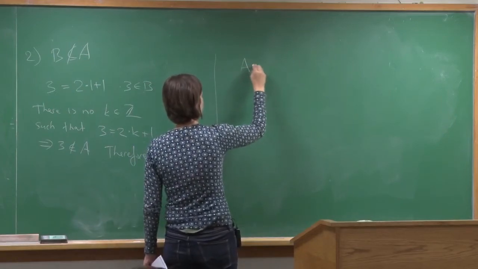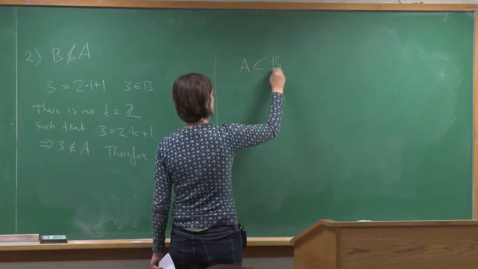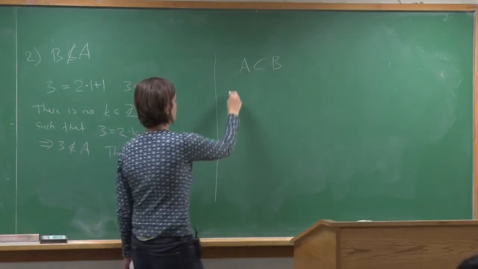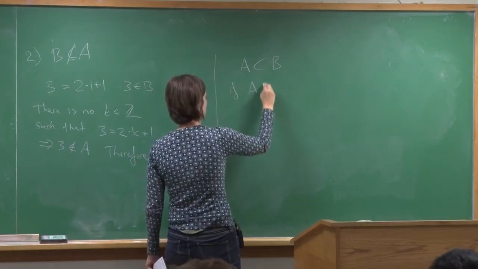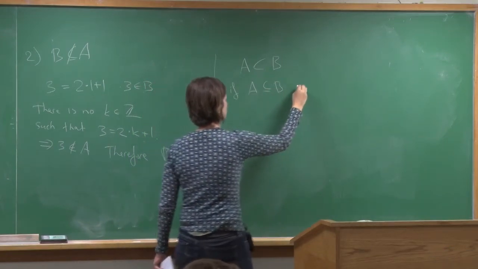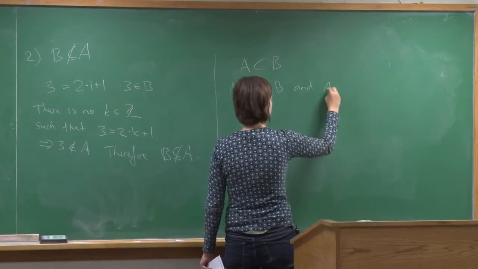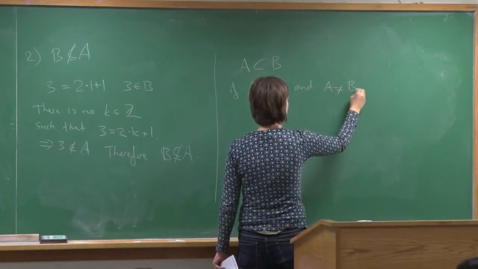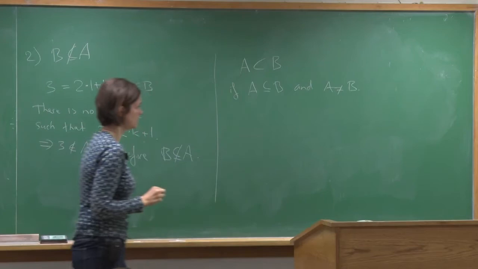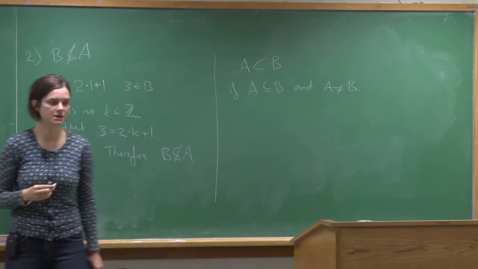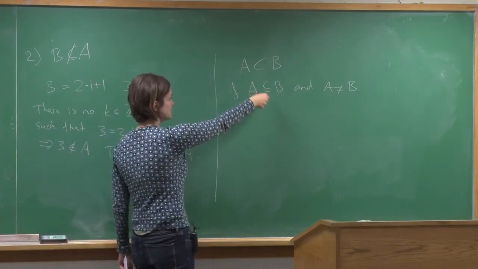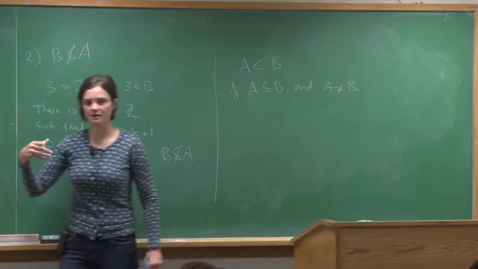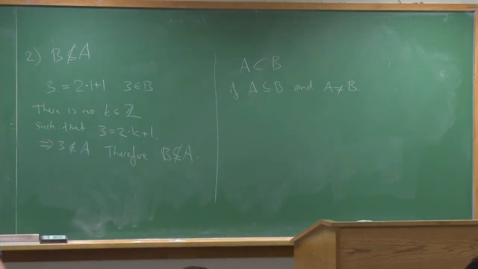We can say that A is a strict subset of B if A is a subset of B, but they're not the same set. They're not equal to each other. It's very similar to the less than or equal to symbols, but it's a round shape instead of the sharp one.